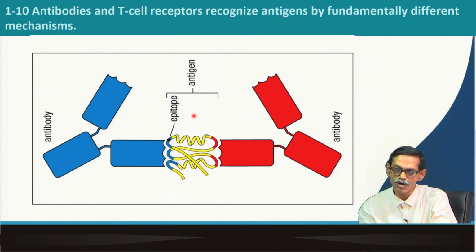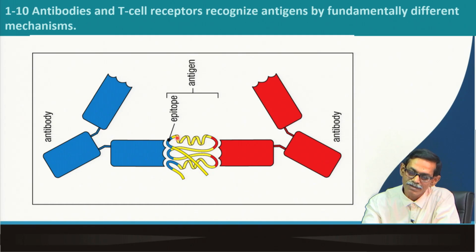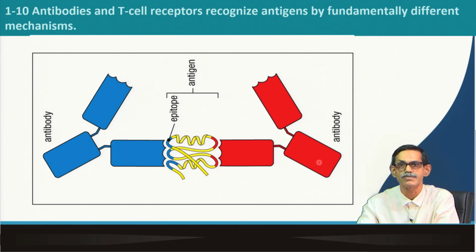In this antigen molecule, only this blue part is interacting with the antibody. This whole molecule is the antigen, the protein, but a small part, the blue part, is interacting with the antibody. In the same way, here the red part is interacting with another antibody.